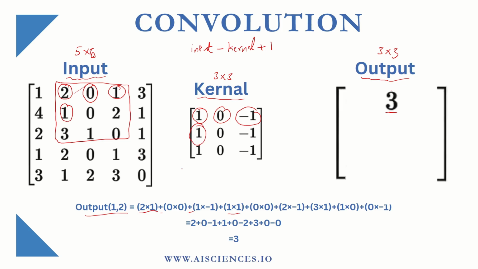So it is simple. We are taking a dot product of two matrices, right? Whatever the result is, as you can see the calculations over here, the result is 3. So we are putting 3 over here, right?